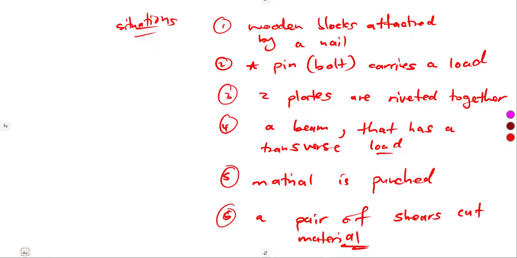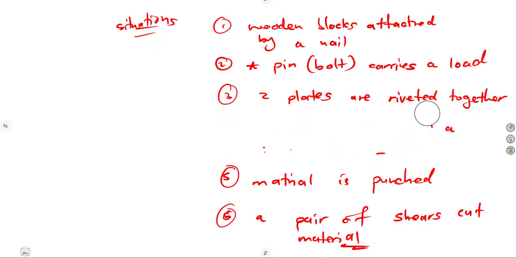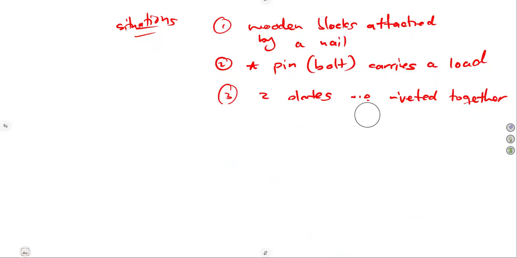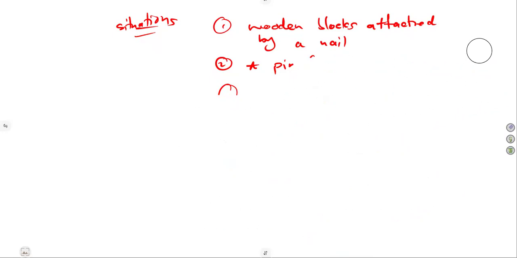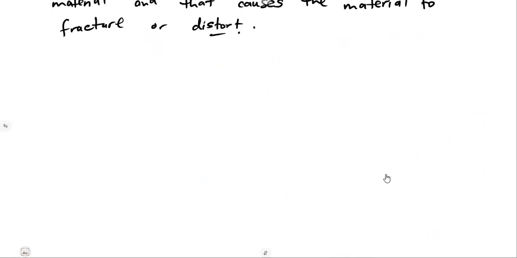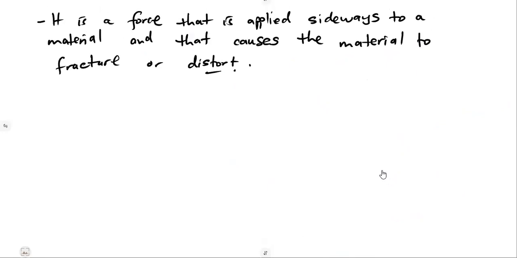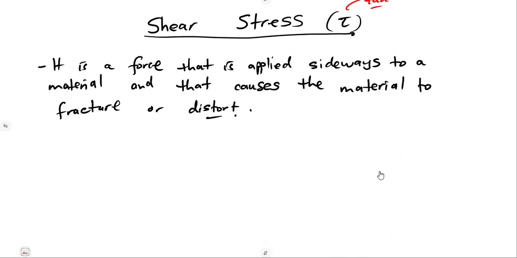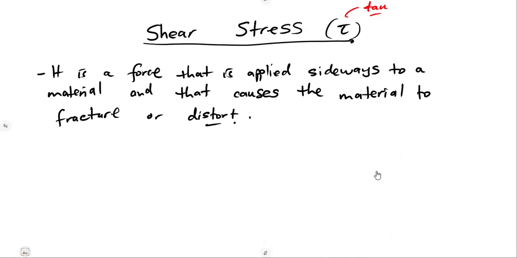So we must consider each and every one to understand the basics, because somehow we might be given something which is not direct, but because of those situations, you know that this cannot be a direct stress. It is a shear stress. So that is the major part.